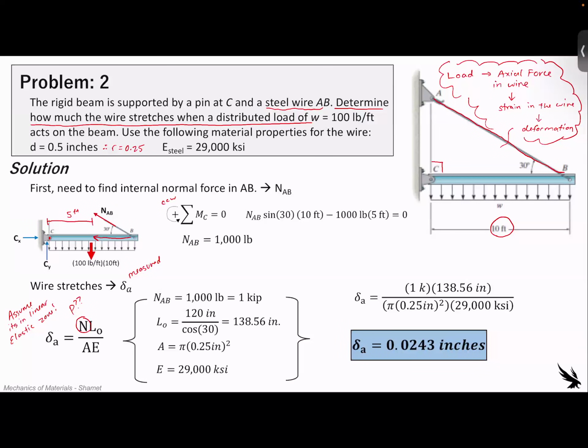Let's say in this case we needed to calculate the strain for whatever reason. Then we would just take this deformation and divide it by the original length that we found before. Since they're both in inches, that will work out. That would be our strain if we needed to find that.